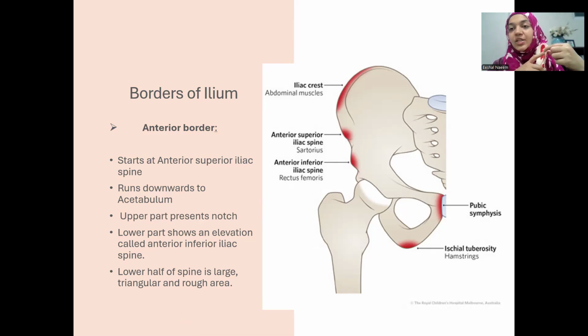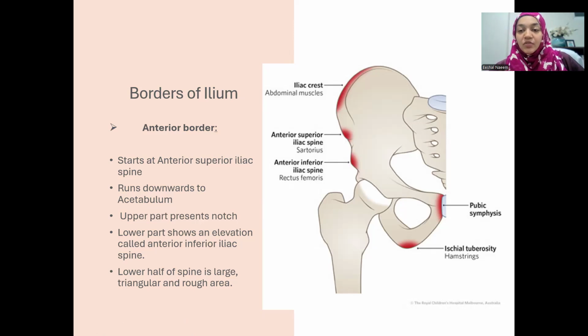Here they're giving you the sartorius also. The anterior inferior iliac spine had the rectus femoris. We had two heads of the rectus femoris. The straight head was coming from the anterior inferior iliac spine. The reflected head was coming from the superior groove of the acetabulum.